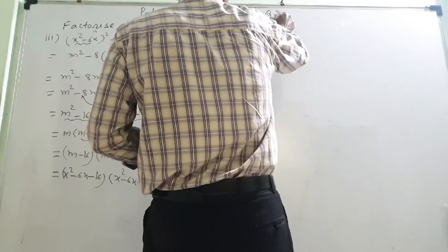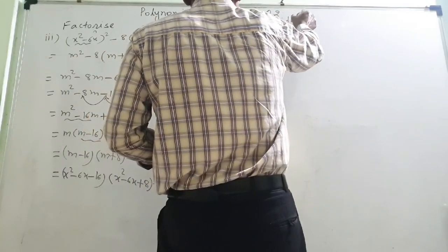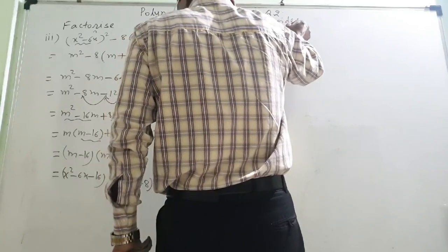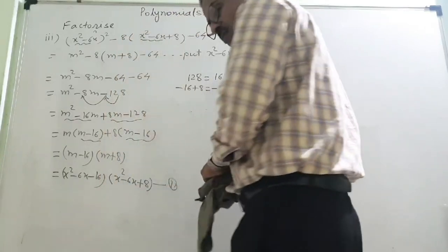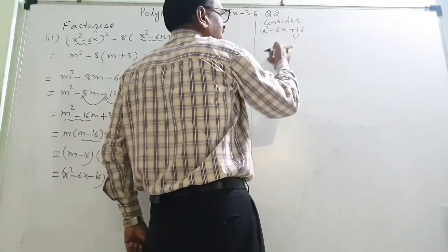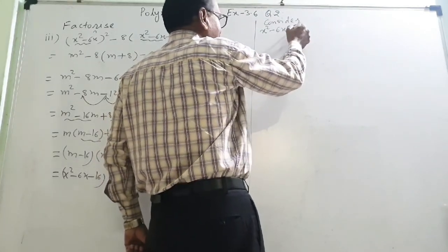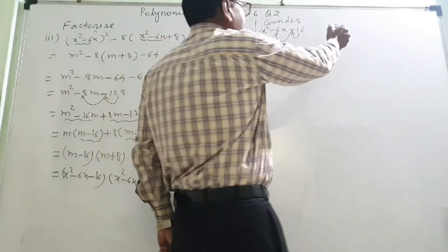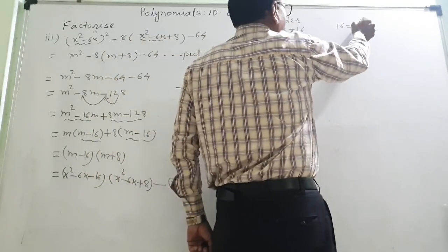Consider x square minus 6x minus 16. Their subtraction. So find the factors of 16 such that their subtraction is minus 6. This is what I want. So 16 is equal to 8 into 2.